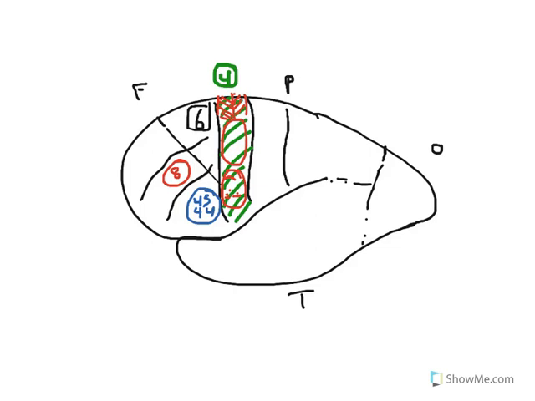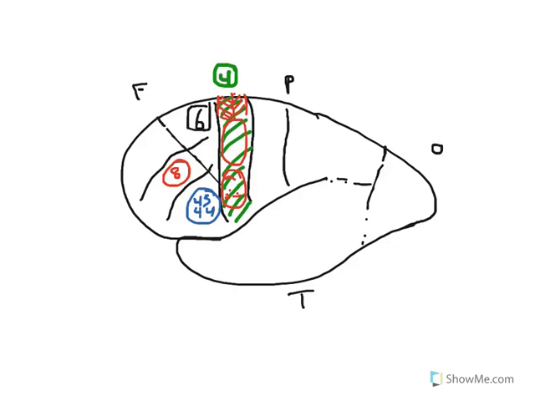You should also know that this area is very important on the left side. Broca's area is present on the left hemisphere of right-handed people. This is the dominant cerebral hemisphere in most of the population.